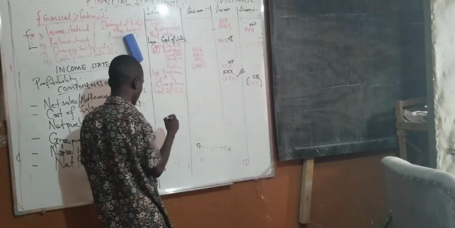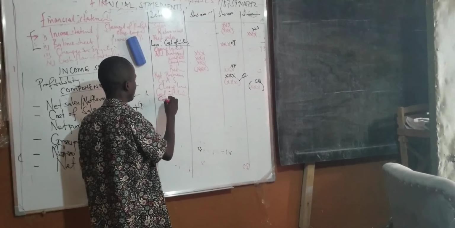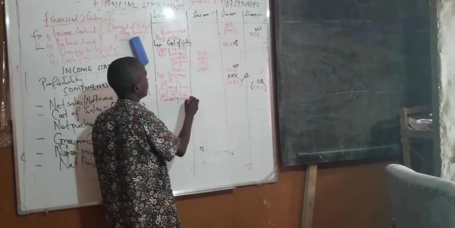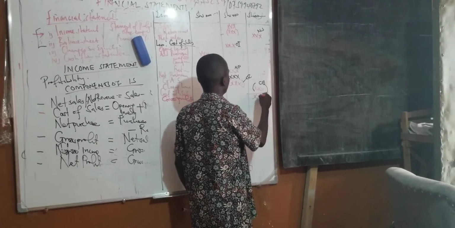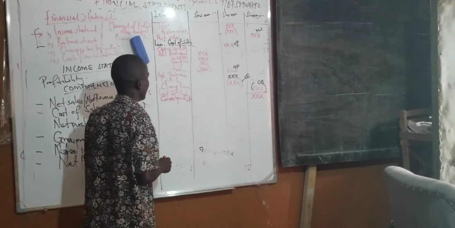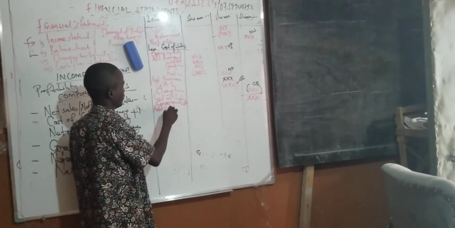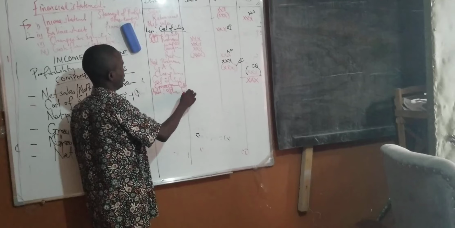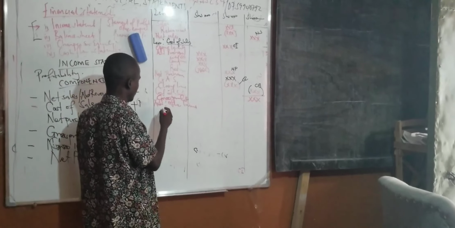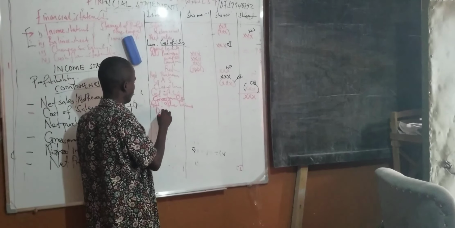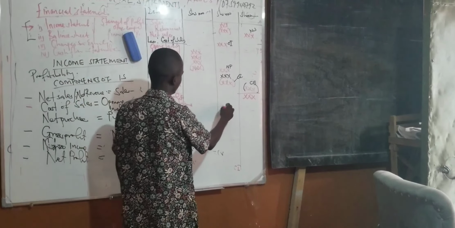We can be in a position to get the gross profit. How do you get the gross profit? Gross profit equals net sales minus cost of sales. Therefore, you get your gross profit. And lastly, you add other incomes. For example, discount received.